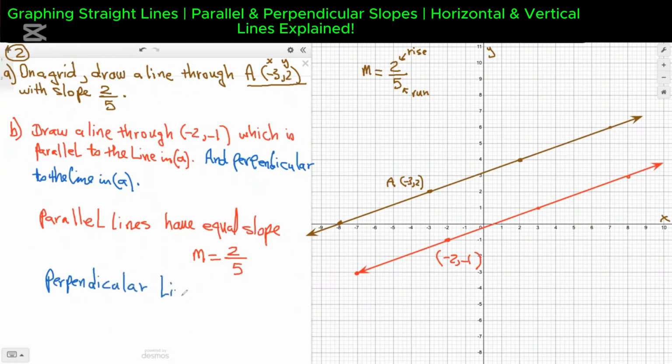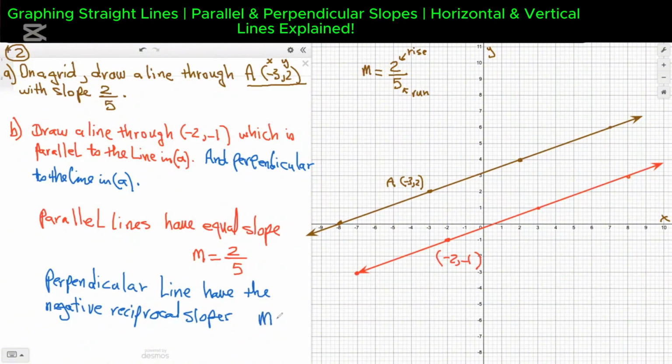perpendicular lines have negative reciprocal slopes. So what does that mean? That means the slope for the blue line would be the negative.